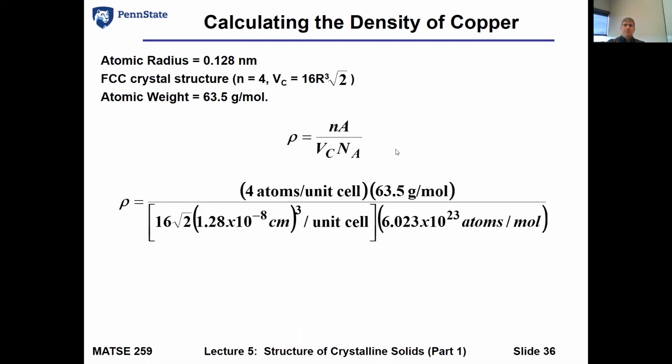So if we plug and chug through that, with everything we know just fundamentally about copper, from 4 atoms per unit cell based on its crystal structure, to its atomic weight, to the volume of that unit cell because it is an FCC structure, to Avogadro's number, we can come up with a value of about 8.89 grams per cubic centimeter. If you go into the literature, it comes out to be 8.94.